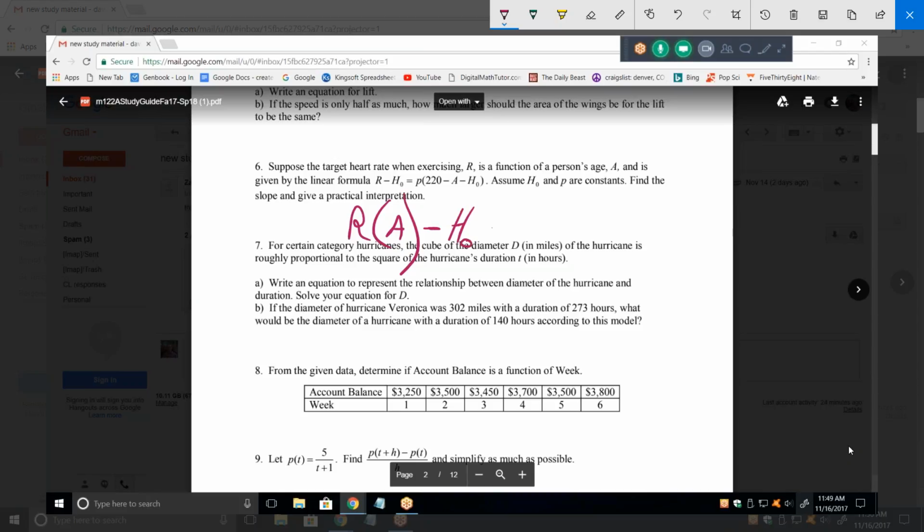But they're telling us that these are all constants. The only variable is that A. Everything else is a constant. H sub O is a constant, P is a constant. So the only thing is A. Find the slope and give a practical interpretation of it.